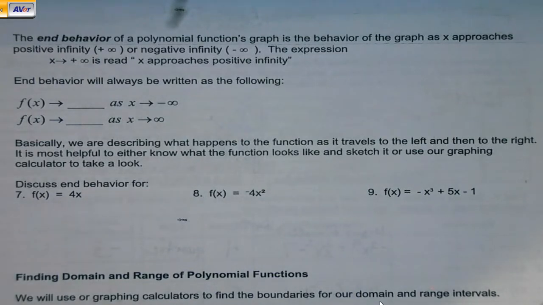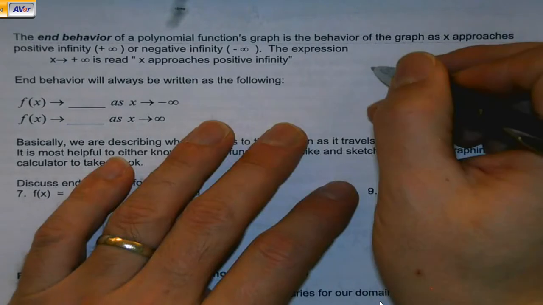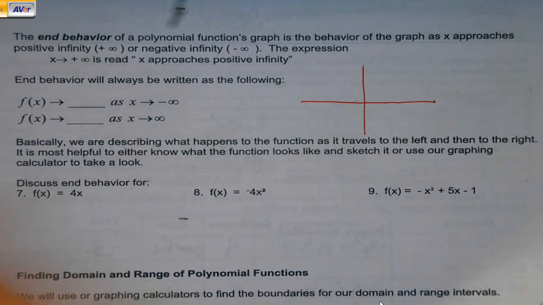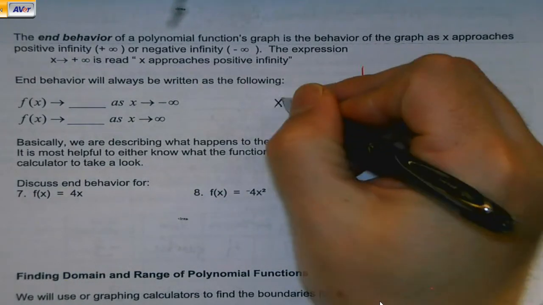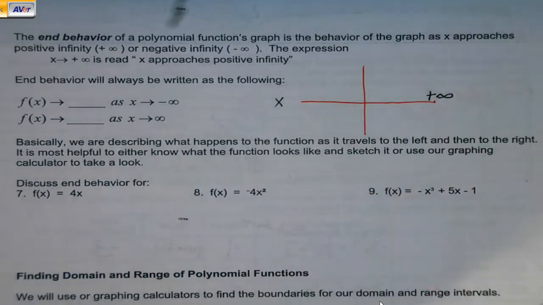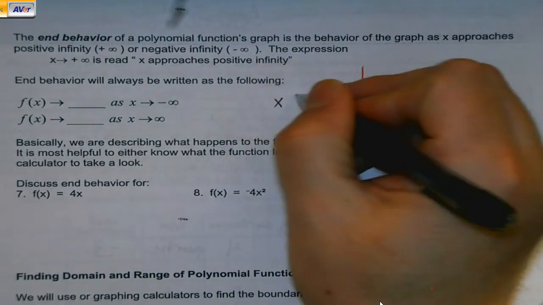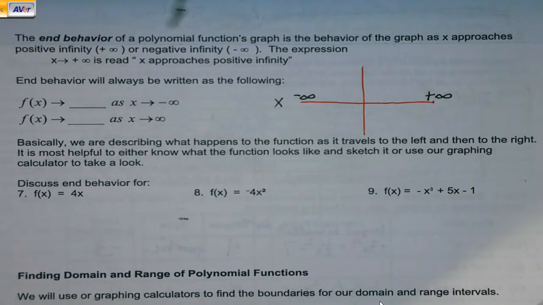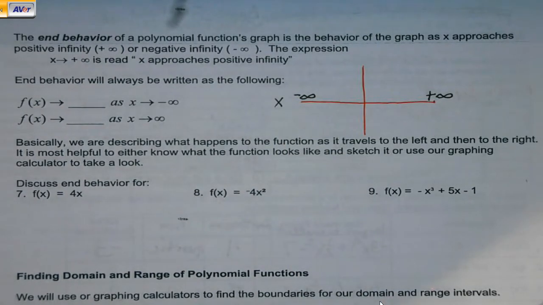When we're looking at a graph, we're going to draw a little sketch over here. As you move to the right on the x-axis, you're heading towards positive infinity because the numbers get bigger. When you're on the x-axis and we're moving to the left, we're moving towards negative infinity because the numbers are getting smaller as I go to the left.